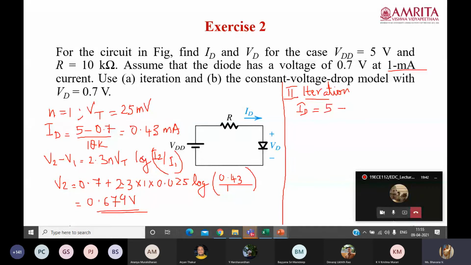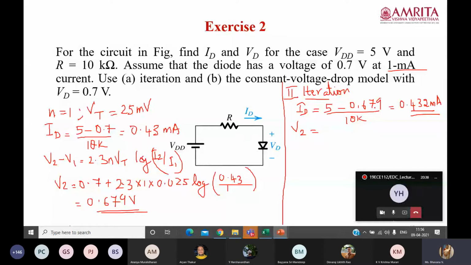So now 5 minus what will be your VD now? 0.679, divided by 10K, which is equal to, give me the answer. 4.321 into 10 power minus 4 amperes. Yes, ma'am. 0.432 milliamps.